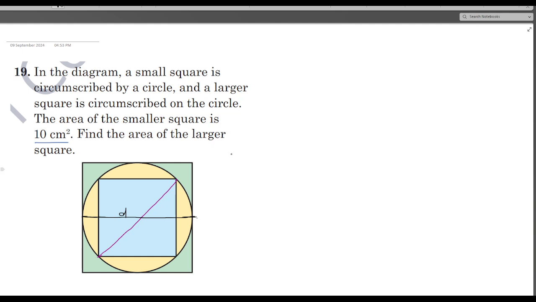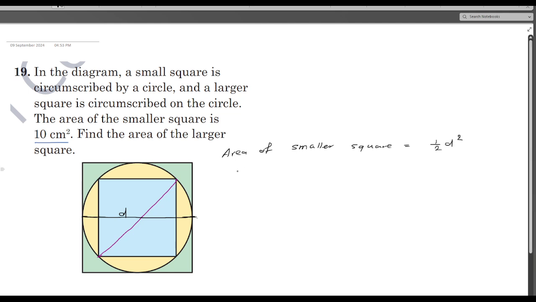So the area of the smaller square is half times D square. The area of the smaller square is already given to you, which is 10. So 10 is half times D square. That gives you D square as 2 times 10, which is 20.